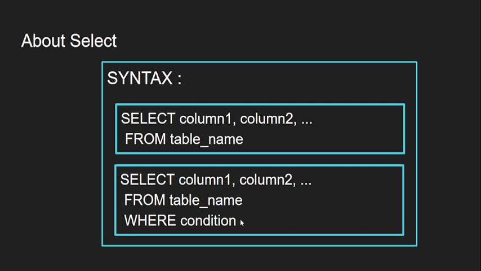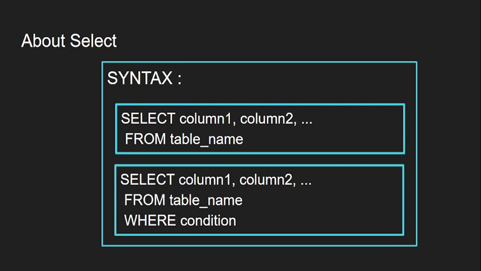On the basis of this condition, the data will be retrieved from the database and displayed on your screen in a result set format. So whenever you have a requirement to retrieve data from the database, use the select statement.